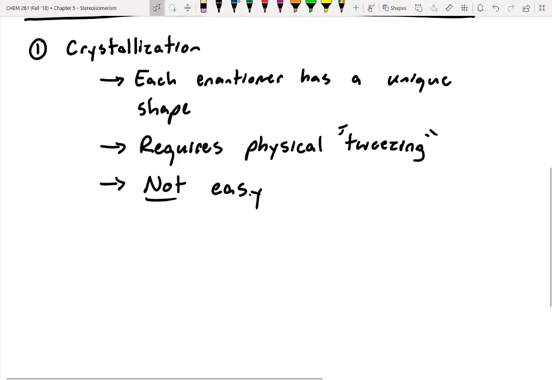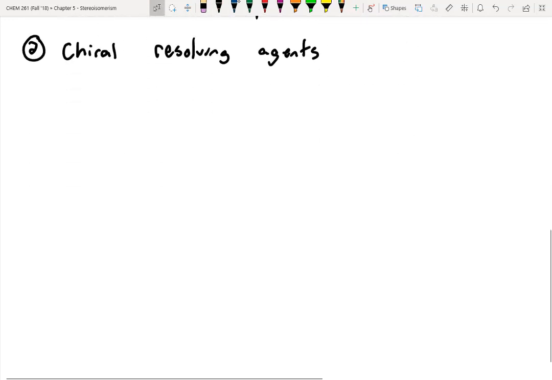The number 2 route is arguably the easiest. And these involve chiral resolving agents. All right, so I'll kind of show you the general idea.